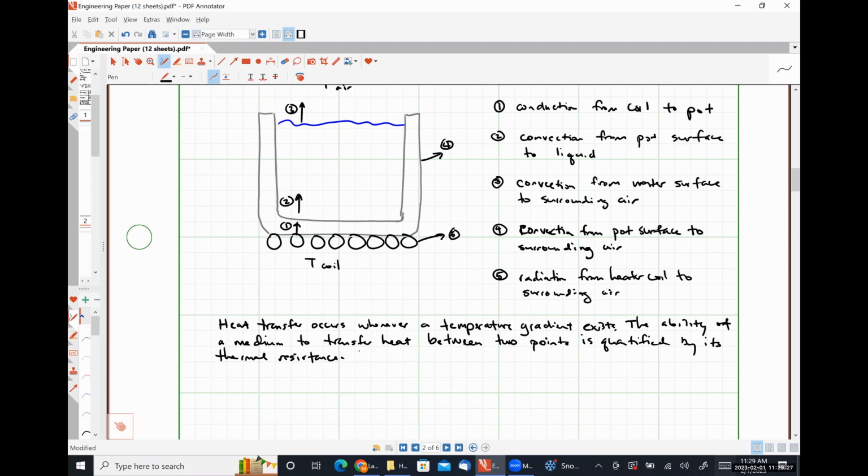So the greater the thermal resistance, the smaller the rate of heat transfer occurs for a given temperature difference.